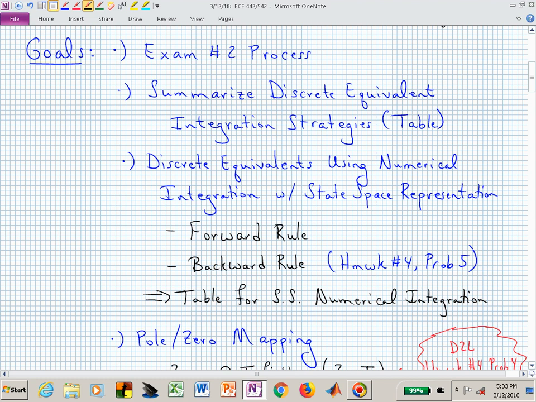And all you'll need besides A, B, C, and D is the sampling period, capital T. You can find that by examining the eigenvalues of your system matrix in continuous time, finding the fastest one, and saying, I need to sample 30 times that. Boom, now you have capital T.